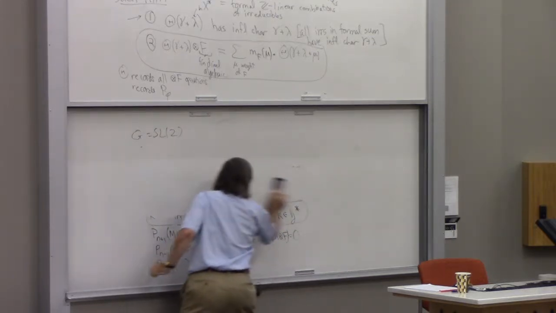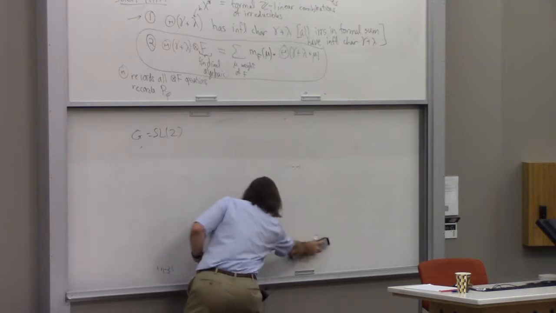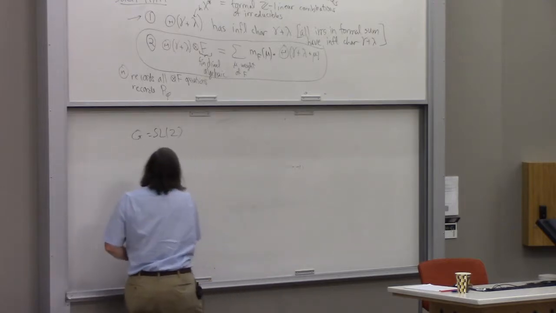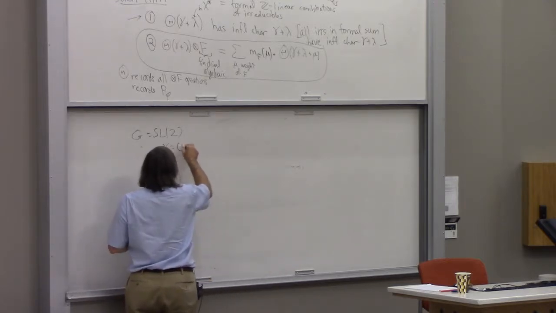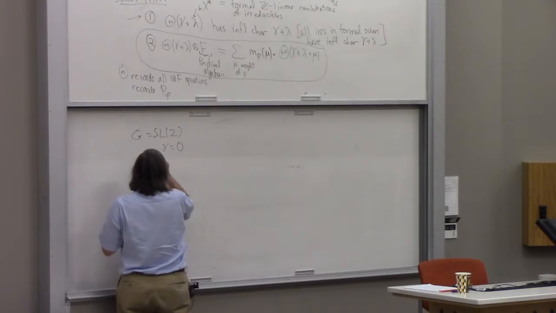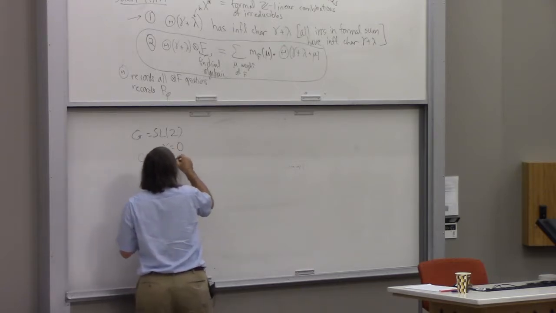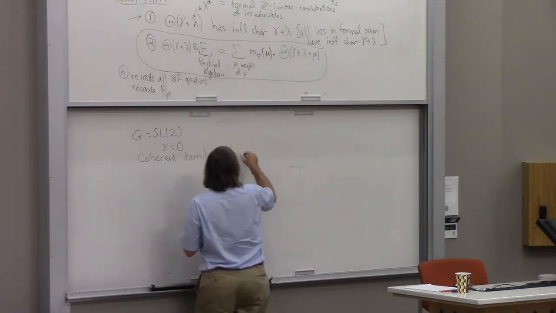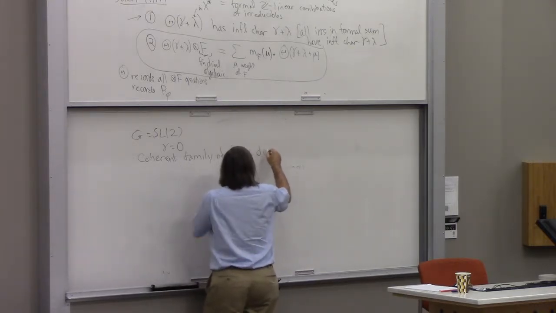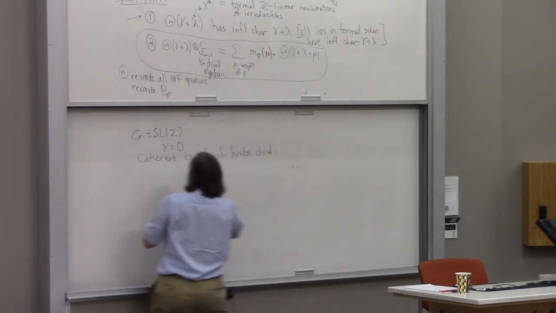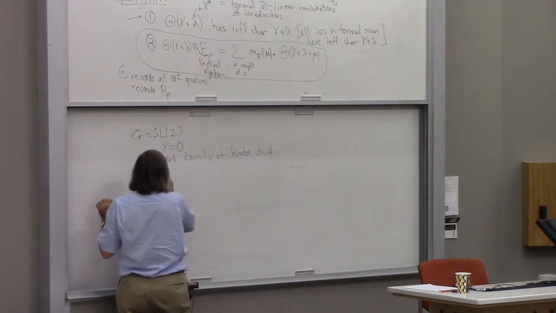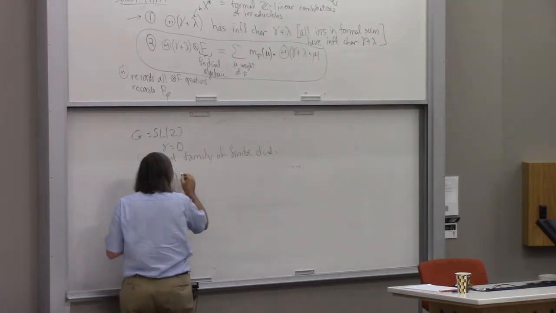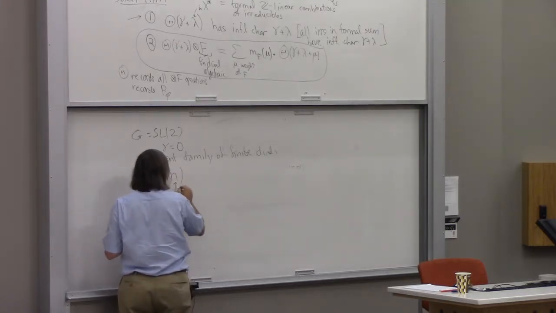So here's, let me take gamma equals 0, and here's a coherent family of finite dimensional representations. Theta of n, so this is any integer.